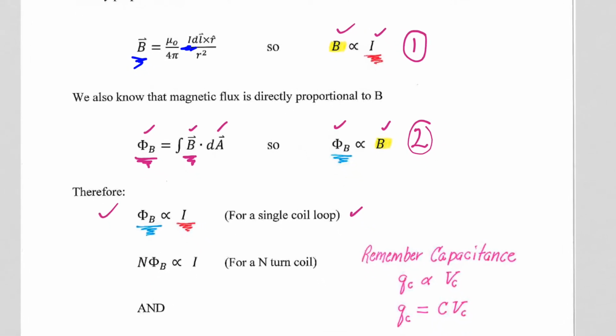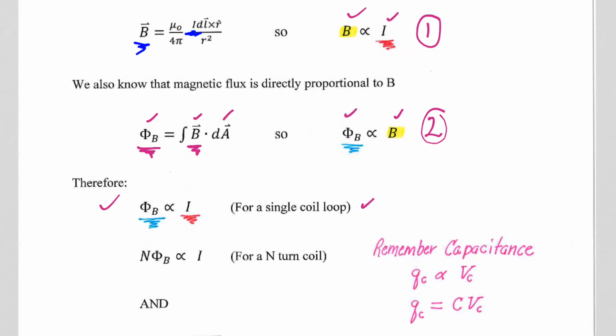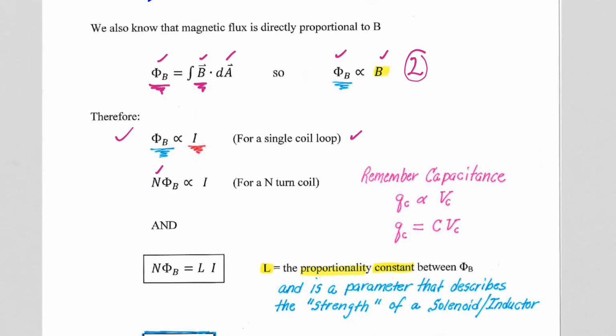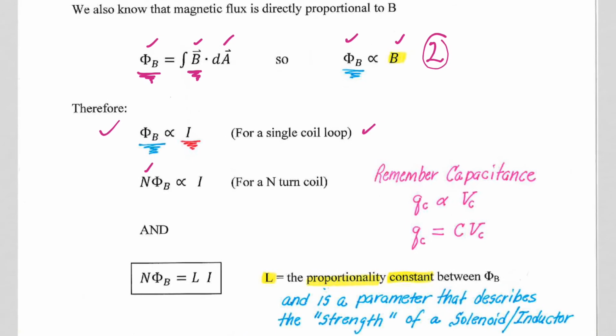And if we have more than one loop, then we add the N to this equation. So capital N, the number of loops, the number of turns of a coil, times flux is directly proportional to I. And then our direct proportionality becomes an equality when we have a proportionality constant.